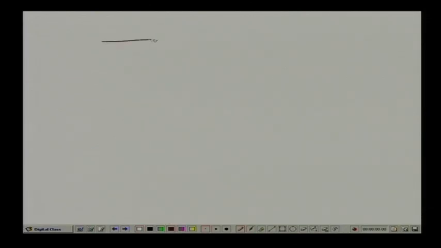Now, you have this particular beam with a hinge support and a roller support, and a uniformly distributed load acting over the entire span along with the load P over here.